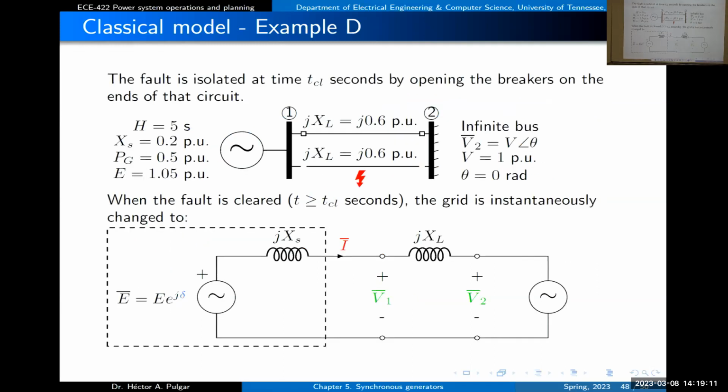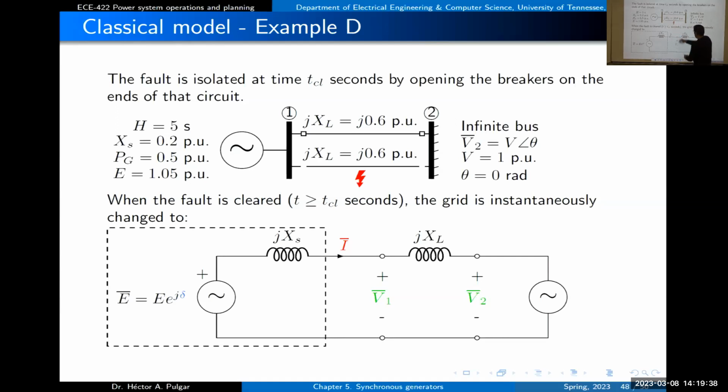Finally, one option is that we have a fault that is self-clearing. Now we're going to isolate the fault by opening the contact, the breaker at the end of this circuit. So if we open the breaker, then this is de-energized. This is removed from the system. Therefore, there is no short circuit anymore.